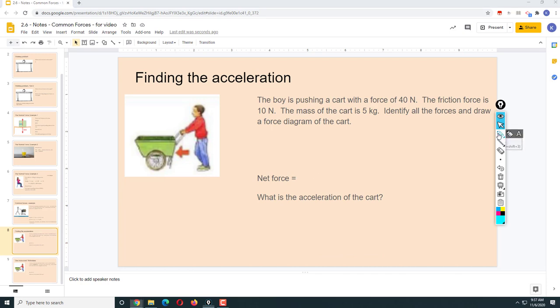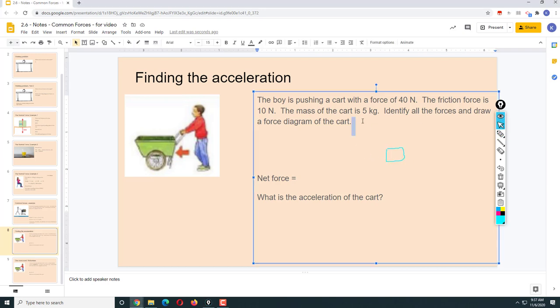For this one, once we know the net force, we can find the acceleration. The mass of the cart is 5 kilograms, so the weight is 5 times 10, which is 50 newtons. That means that the normal force is 50 newtons, because they have to cancel each other out.